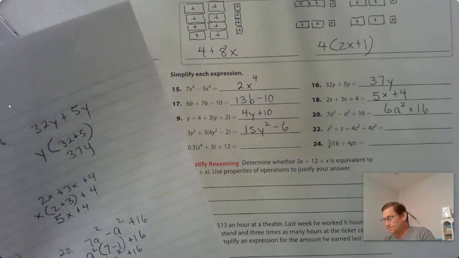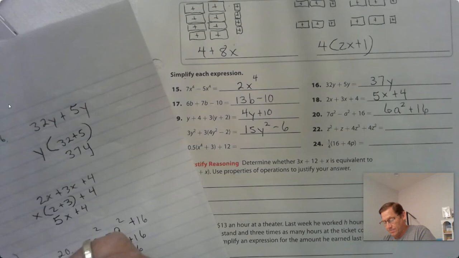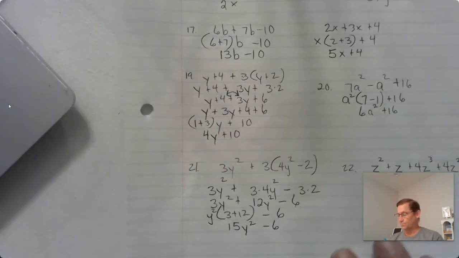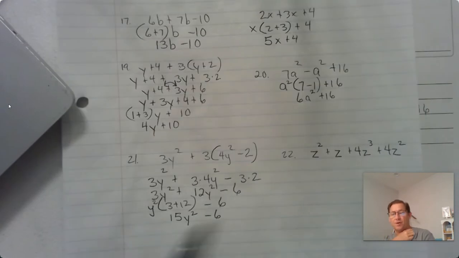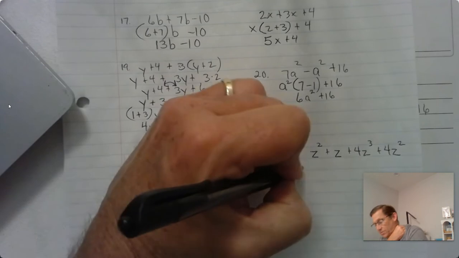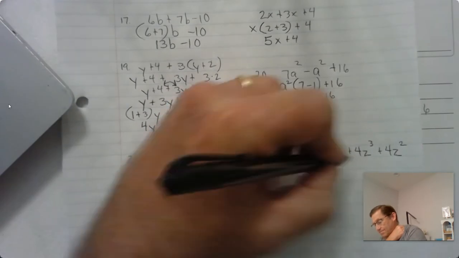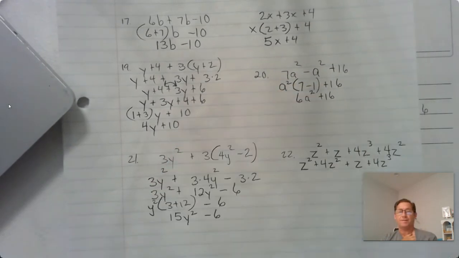22. z squared plus z plus 4z to the third plus 4z squared. Well, the only like terms are the z squareds. So I want to put those together. Okay.